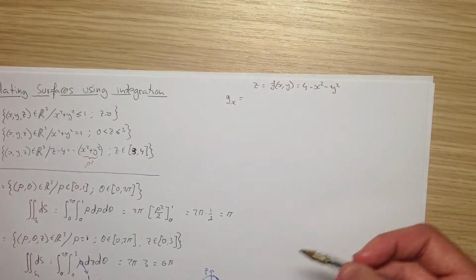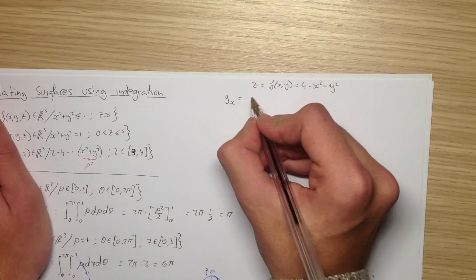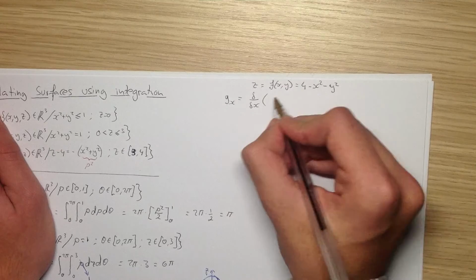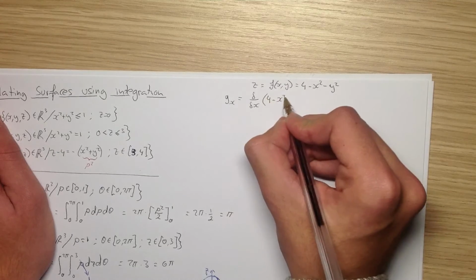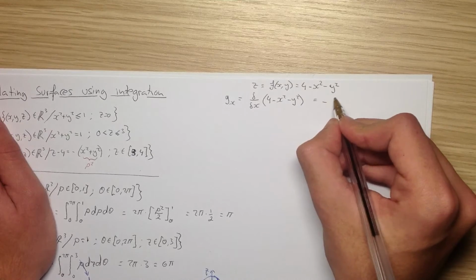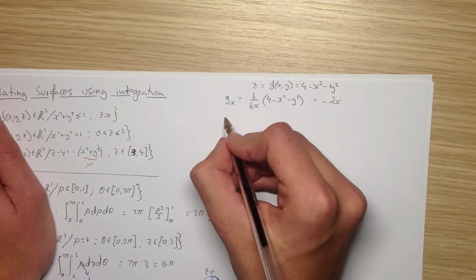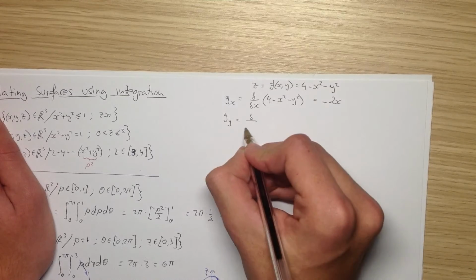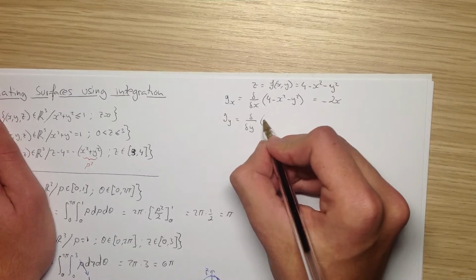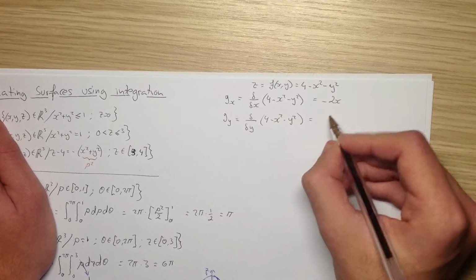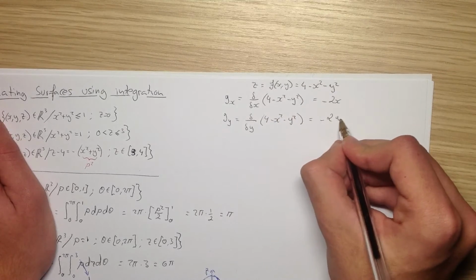Okay? So g of x is the derivative in terms of x of 4 minus x squared minus y squared, which equals minus 2x. Then gy is the derivative in terms of y of the same, 4 minus x squared minus y squared, which equals minus 2y.